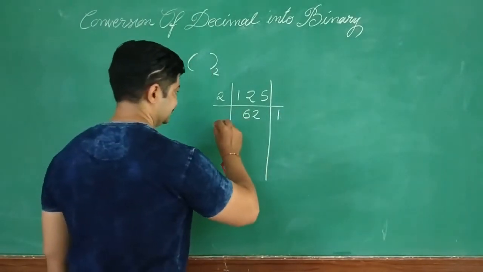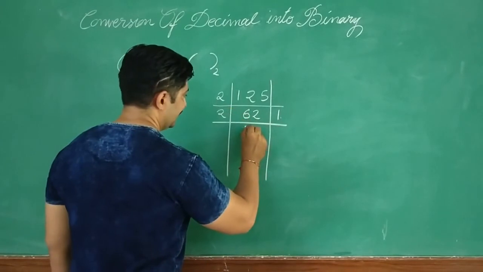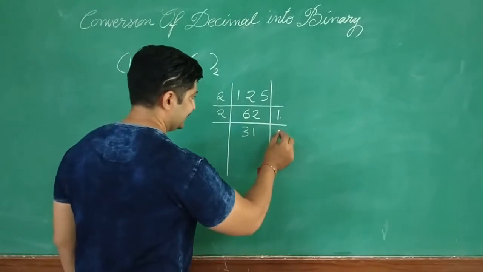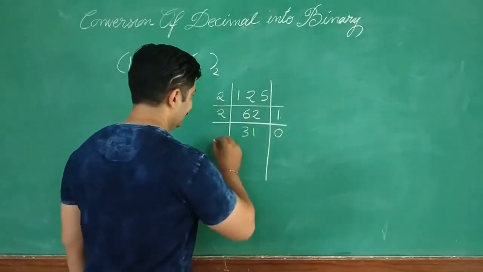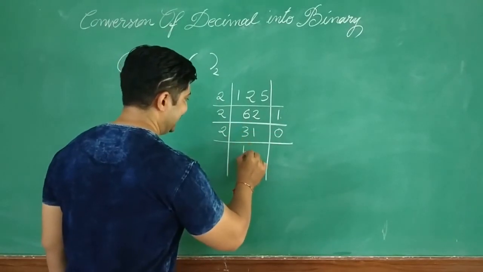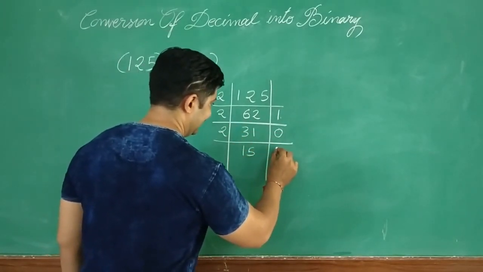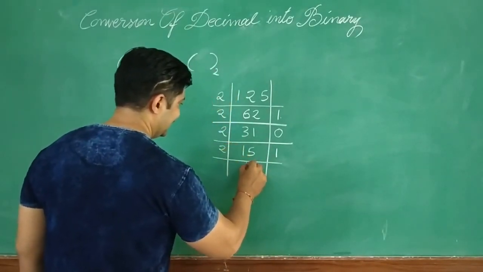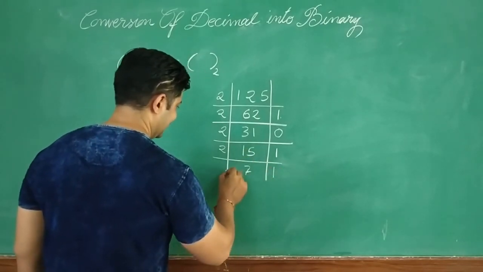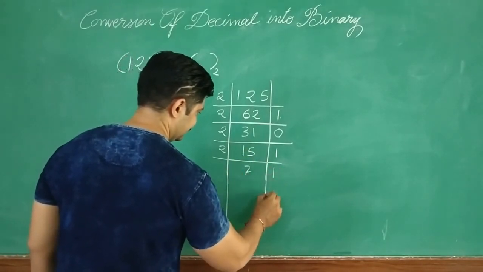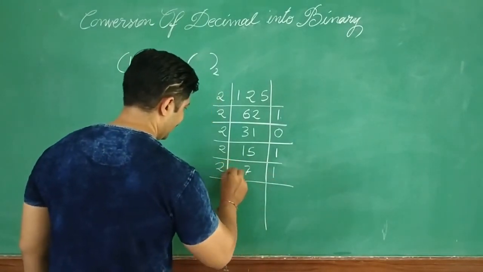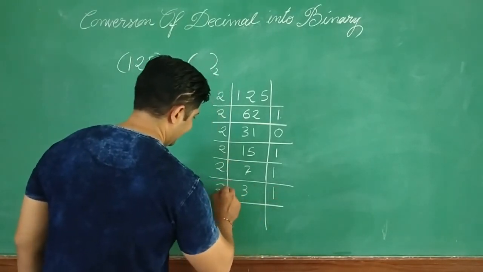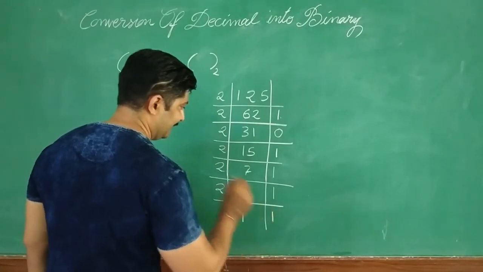You write that here. 2 into 31: 2 times 31 is 62, so the remainder is 0. 2 fifteens are 30, remainder 1. 2 sevens are 14, remainder 1. 2 threes are 6, remainder 1. 2 ones are 2, remainder 1.